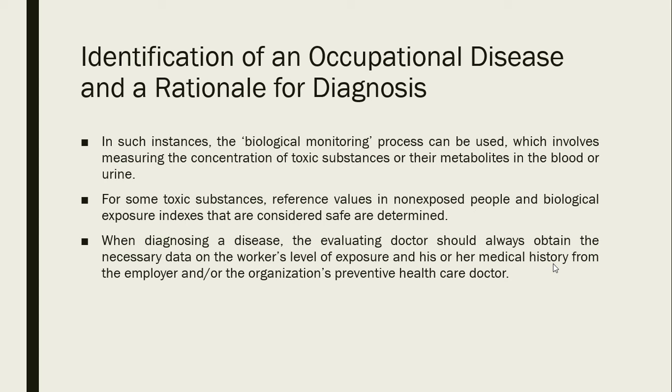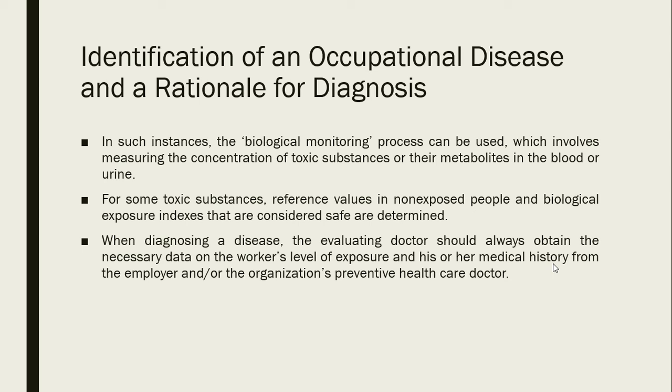In such instances, the biological monitoring process can be used, which involves measuring the concentration of toxic substances or their metabolites in the blood or urine. That is called biological monitoring.